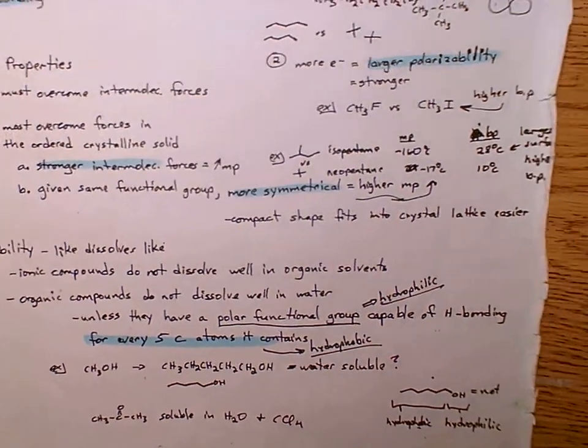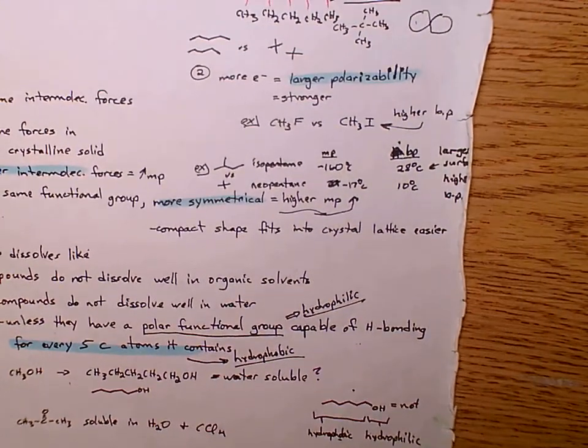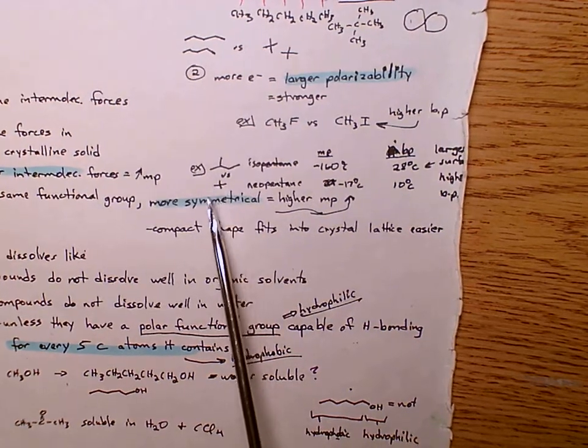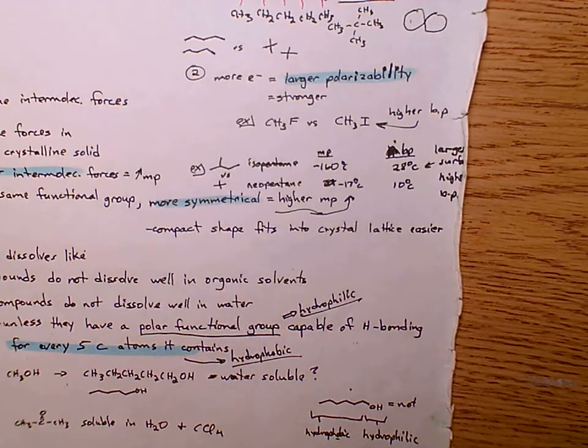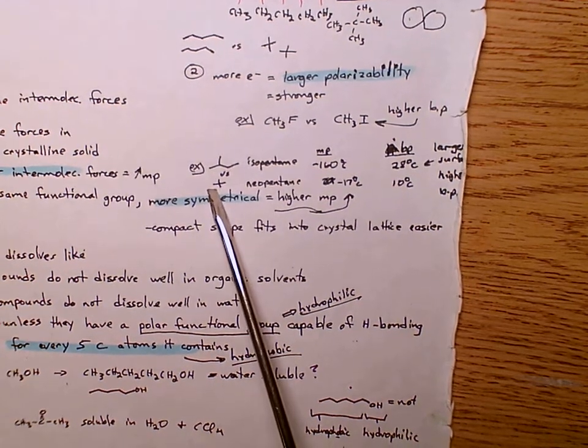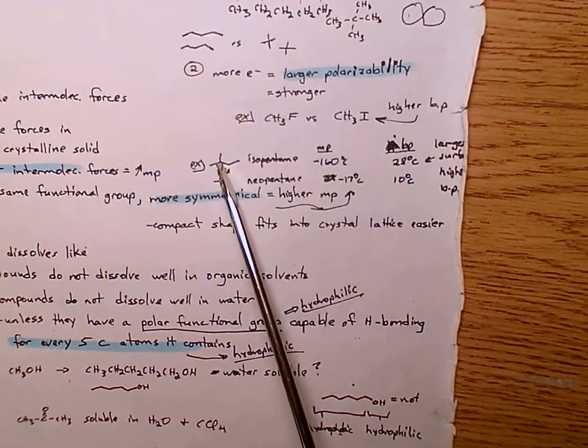And so we have this interesting issue right here. If we look at these two molecules, both have the same number of carbons and the same number of hydrogens. They are isomers of each other. Which is more symmetrical? Well, it turns out this one down here is more symmetrical than this one here.